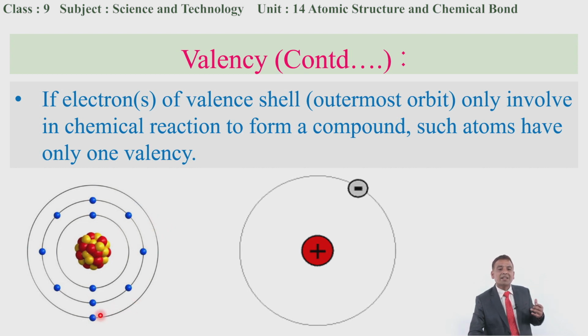So it has only 1 valency. In the same way, in the second structure you can see it has one electron in the valence shell. So either this atom can gain an electron, share an electron, or lose the electron of the valence shell. So it also has a single valency, that is, valency 1, as this atom also has valency 1.